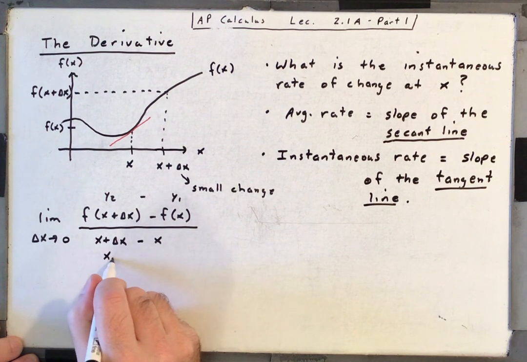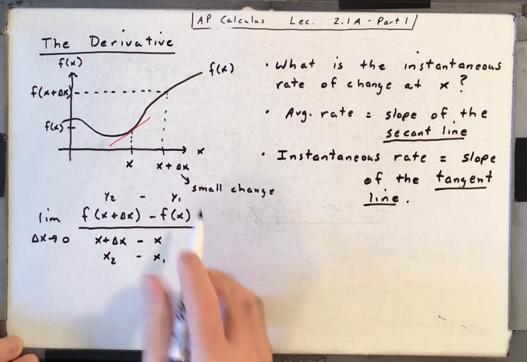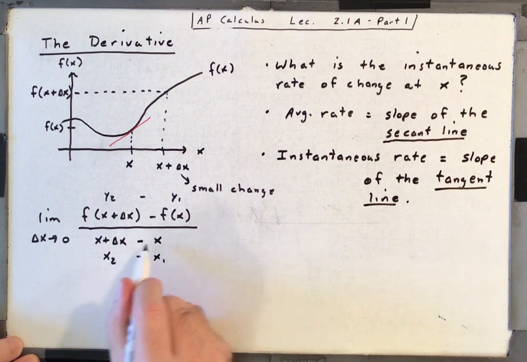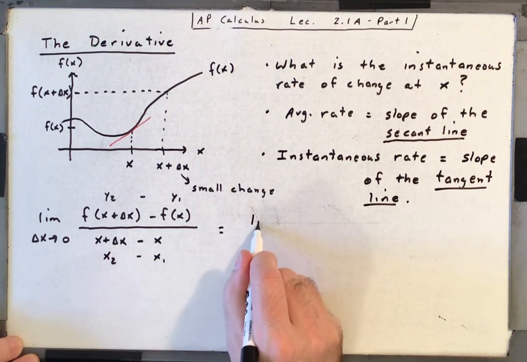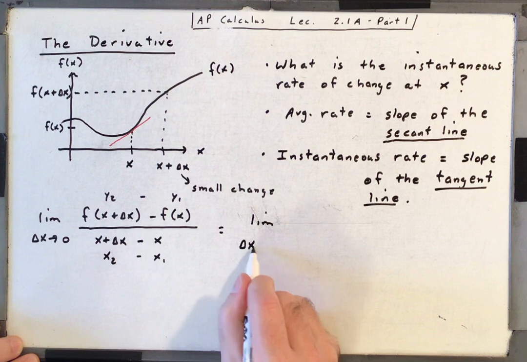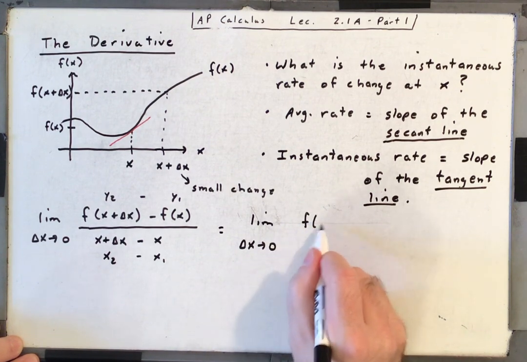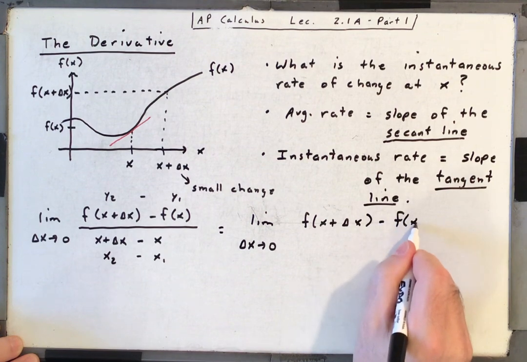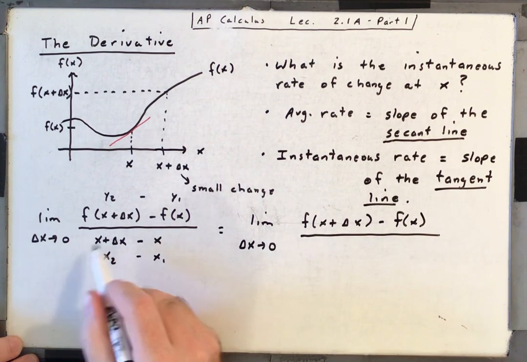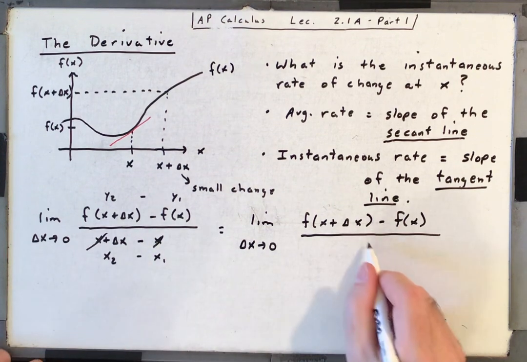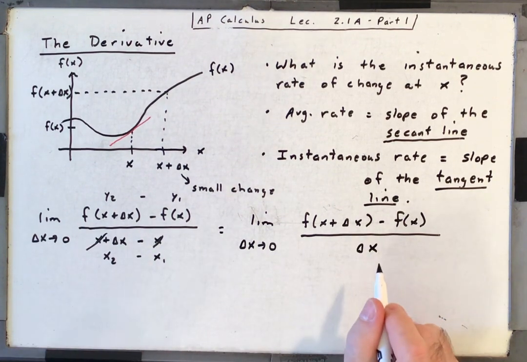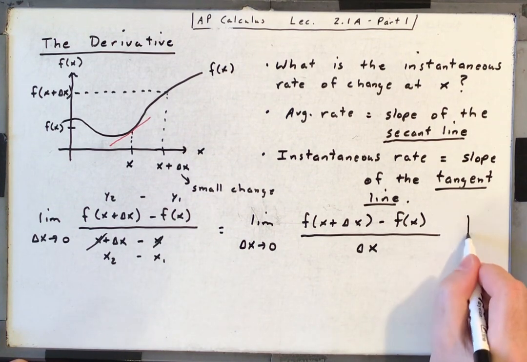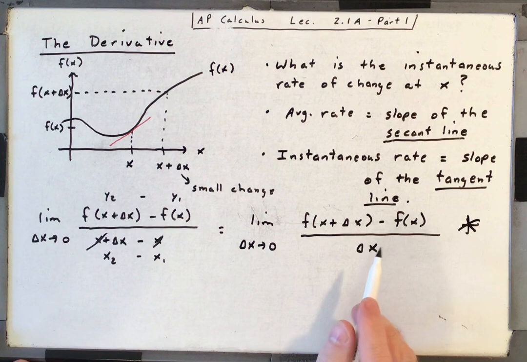That's x2 and that's x1. The x's cancel out, and you get the limit as delta x approaches 0 of f of x plus delta x minus f of x over delta x. That is the definition of the derivative.